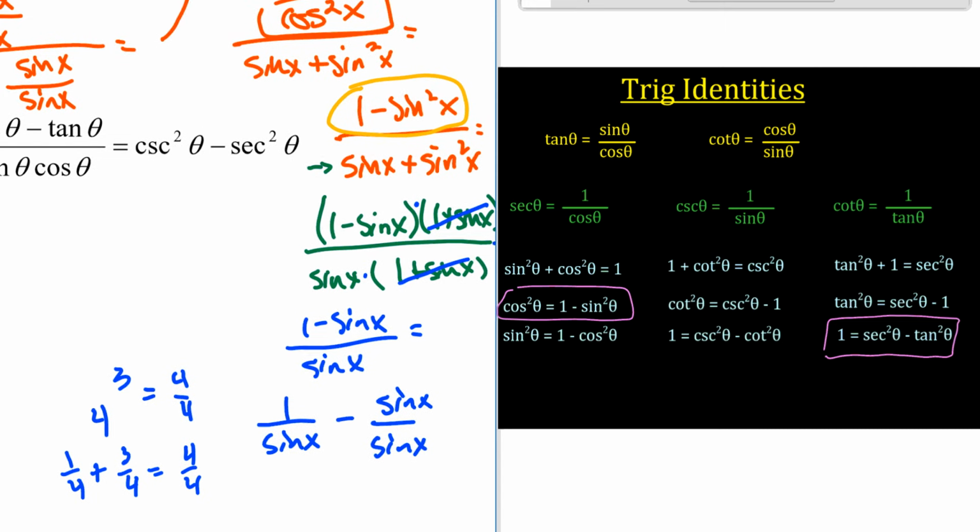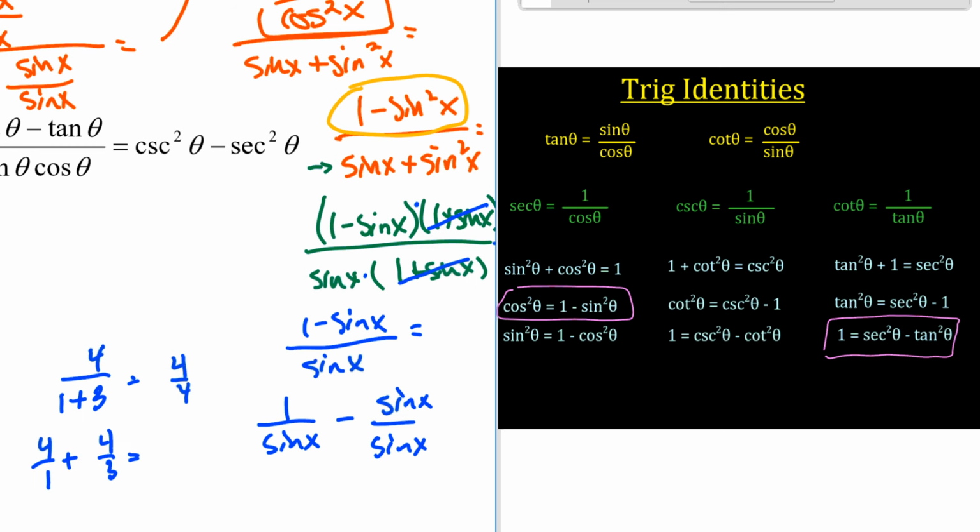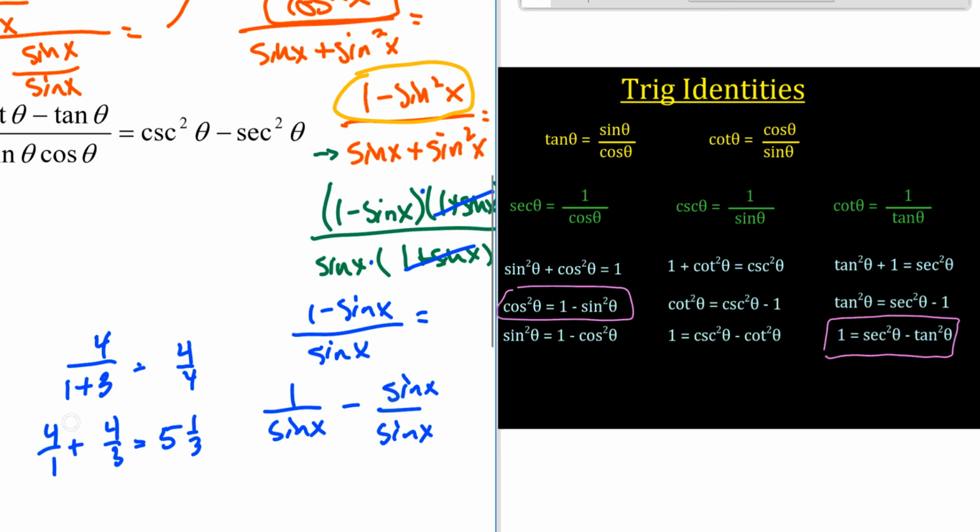Let's just do the exact same numbers, but reversed. Let's say we had 4 over 1 plus 3, that's 4/4. But if you do 4 over 1 plus 4 over 3, that is 5 1/3. That's obviously not the same as 4/4. So looks like a heart, you can take it apart. Looks like a butt, don't touch it.